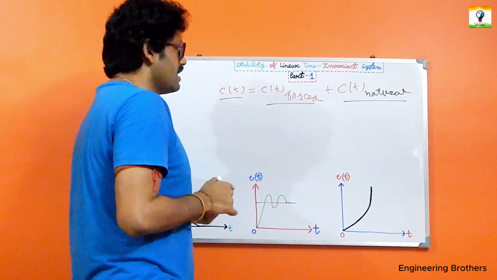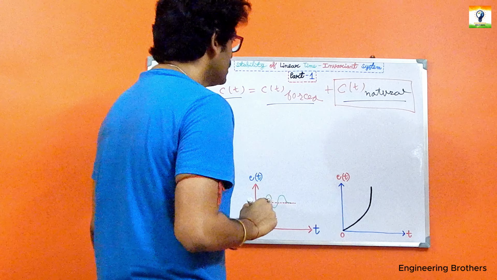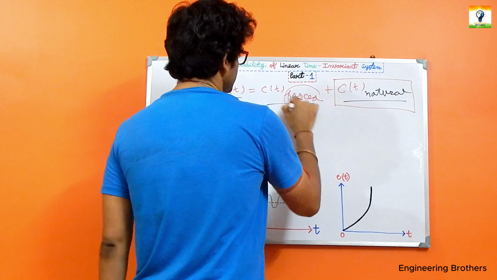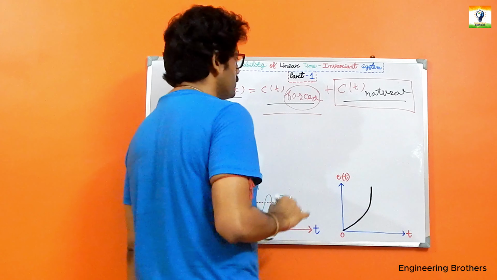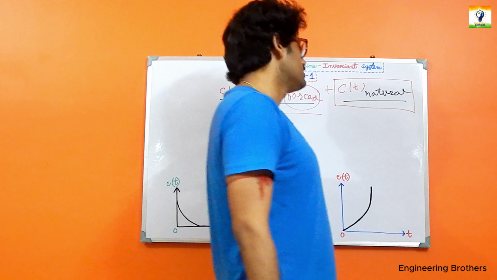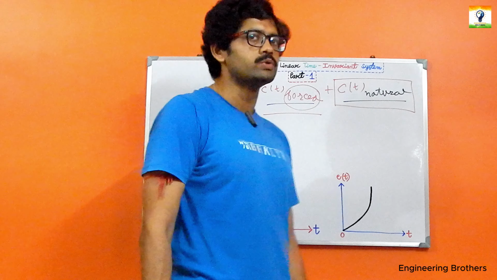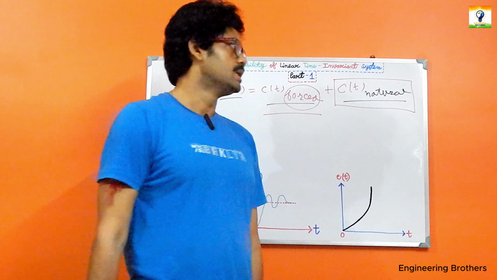In this chapter, c(t) natural is the most important factor, because we cannot control c(t) forced. According to the nature of the natural response of the given system, we can conclude whether the system is stable or unstable.